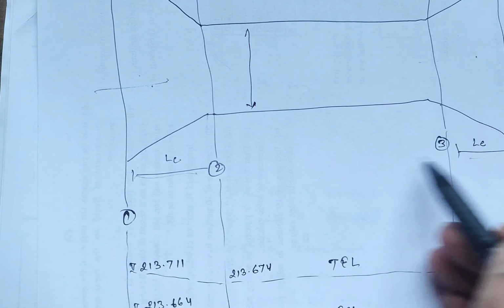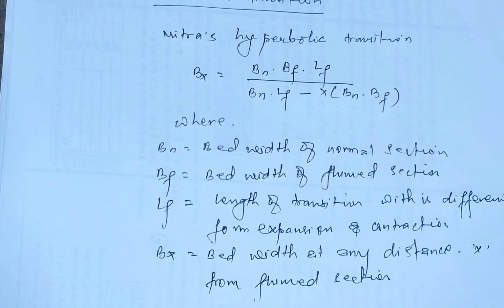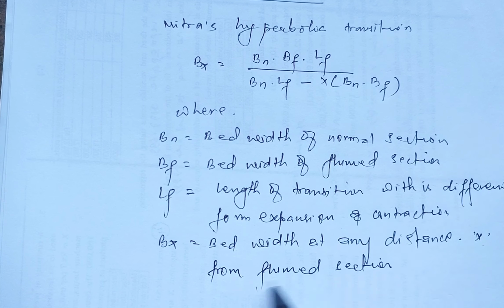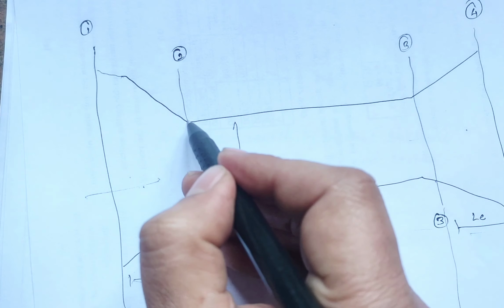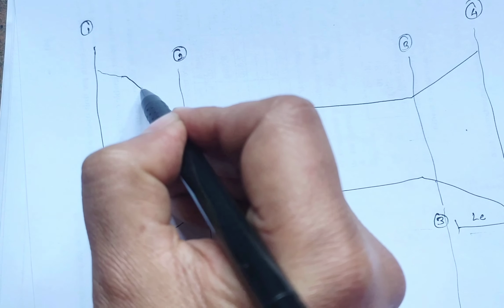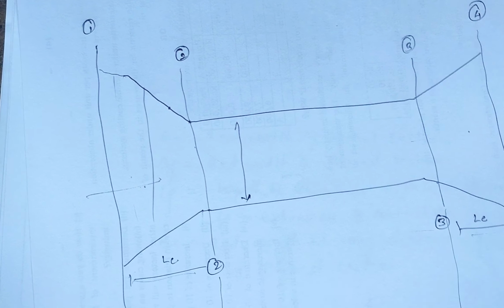Bx is the bed width at any distance x from the flume section.